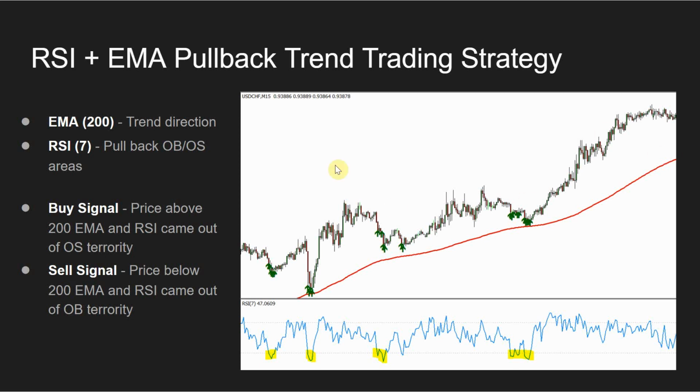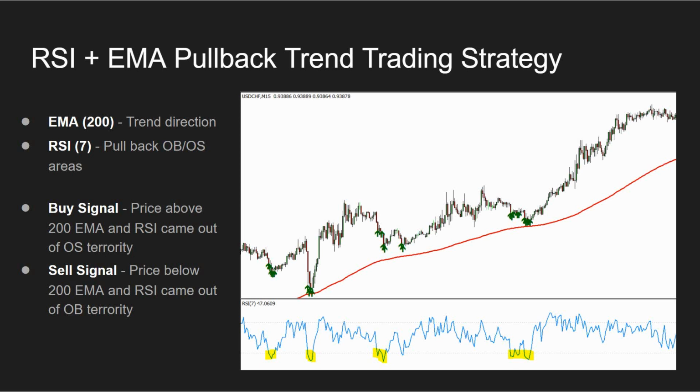So in this picture I've got here at the moment on the USD/CHF 15-minute chart, you can see that this red line is the 200 EMA. And then we've overlaid an oscillator, and again you can use the stochastics or RSI. There's a number of oscillators you can use, but the most popular that I've seen is the RSI 7 period.